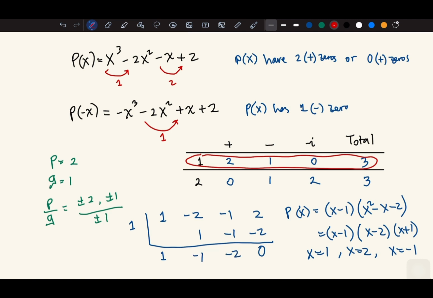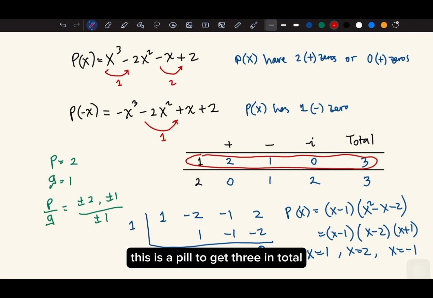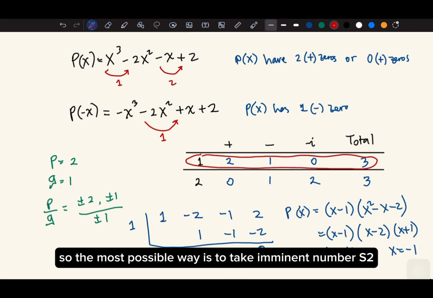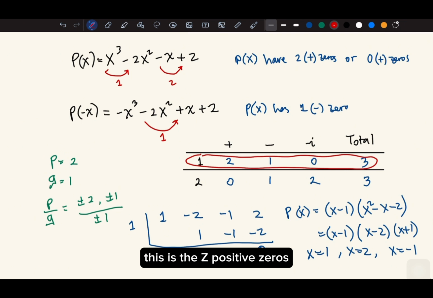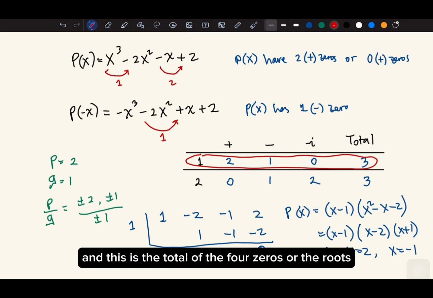Yes? How do you get 2 for the imaginary number? Because it's a cubic, it should be 3 in total, right? So the most possible way is to take the imaginary number as 2. Oh, Richard? Okay. So this is based on the positive zeros, negative zeros, imaginary zeros, and this is the total of the zeros, or the roots.